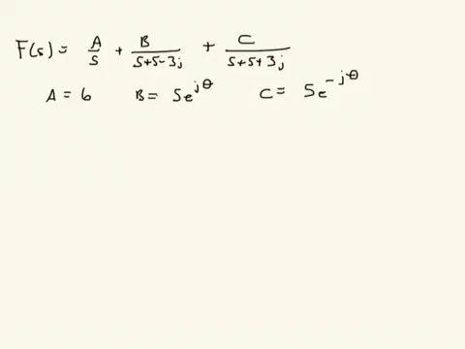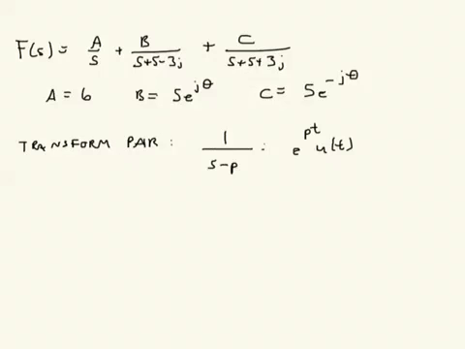Okay, so now I just have to take the inverse transform of these terms, and so I'm going to use the transform pair that we know already, and that is that the inverse transform of 1 over s minus p is e to the pt u of t, where p is the pole location.